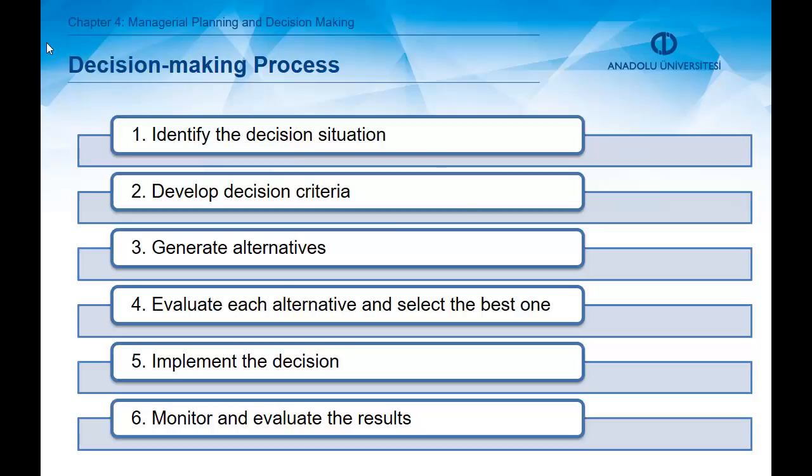And then developing the decision criteria. Mostly this stage is based on resources. What is our criteria for being able to make the best decision? And based on the resources and the criteria, the alternatives are generated, as I mentioned before, which will change from one situation to another, from one type of market or environmental set of factors to another.